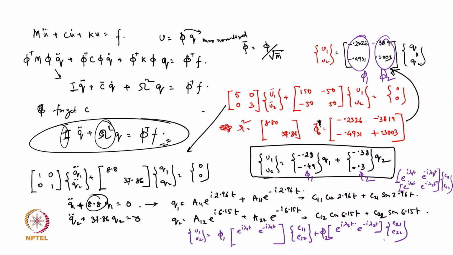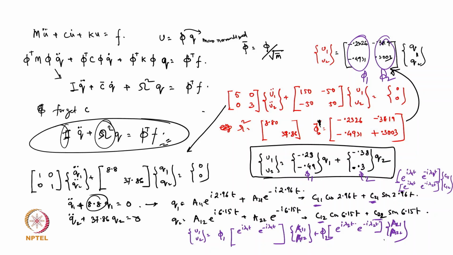c11, c21, c12, c22. So how many unknowns? Exactly.